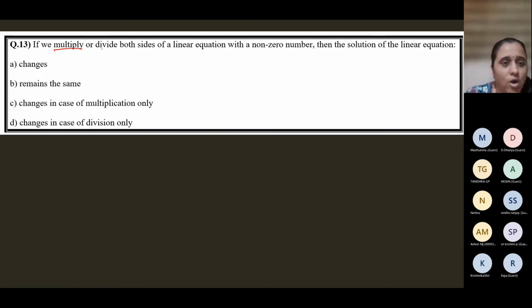So if you multiply or divide both sides of a linear equation by a non-zero number, not 0, you should not multiply or divide by 0, then the solution of the linear equation remains the same.